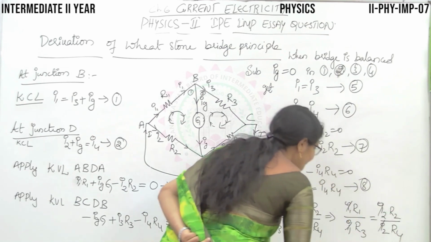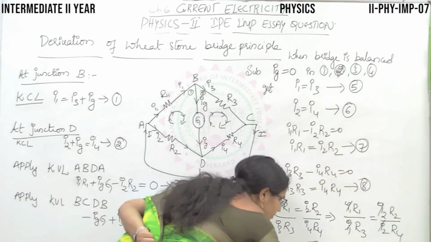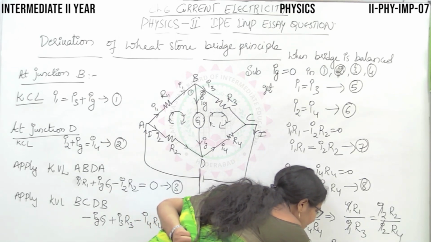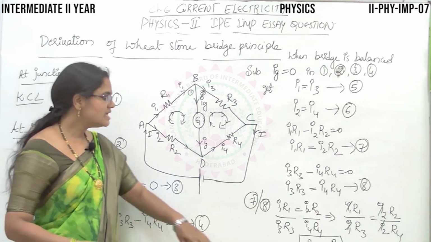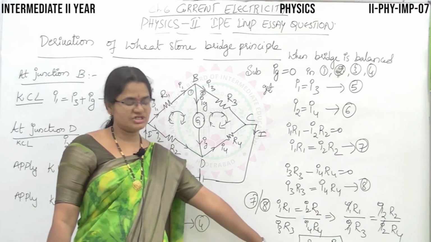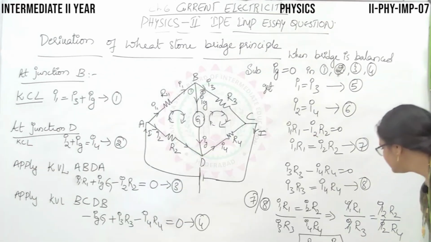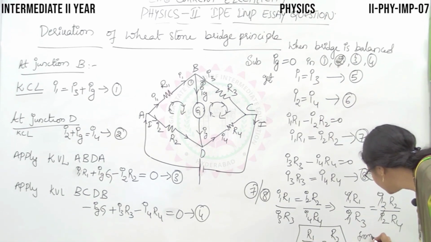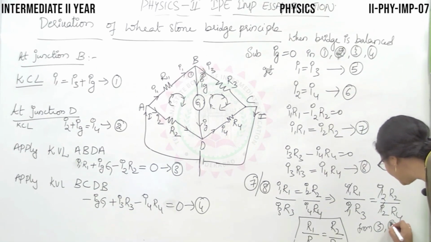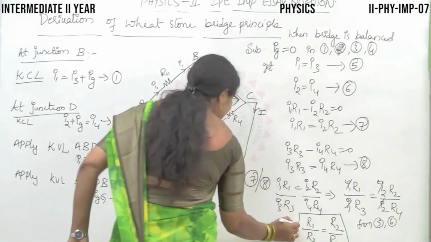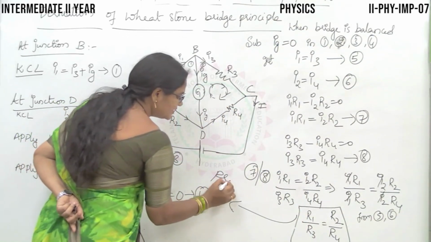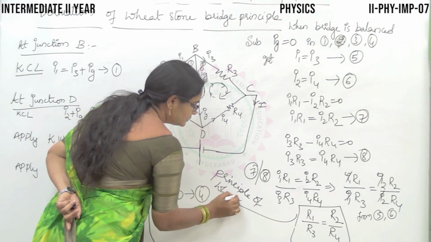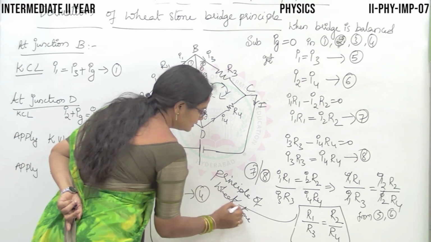These will get cancelled, and finally you will be left with a beautiful answer: R1 by R3 is equal to R2 by R4. This is the principle of Wheatstone bridge. How did you get this? By substituting conditions 5 and 6.